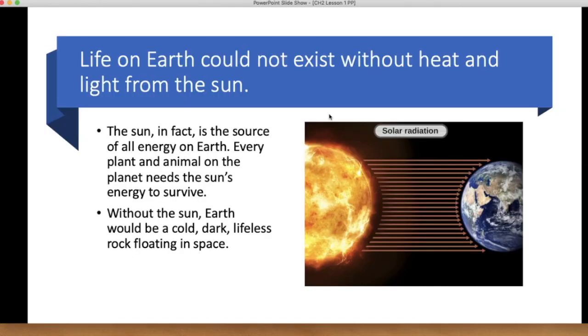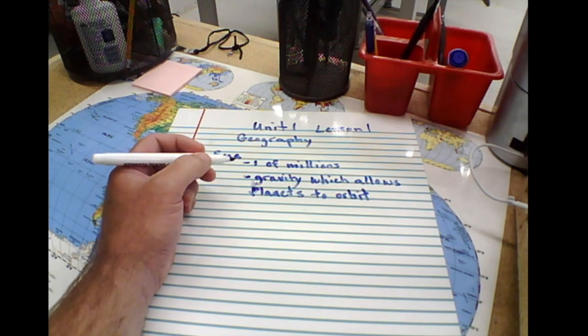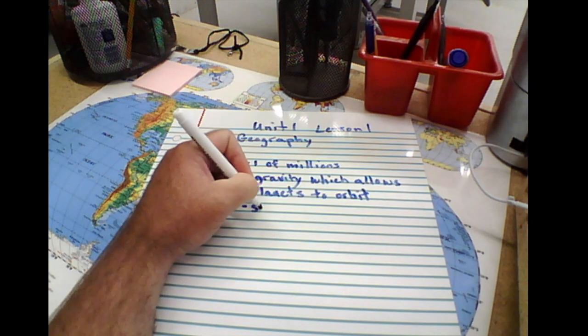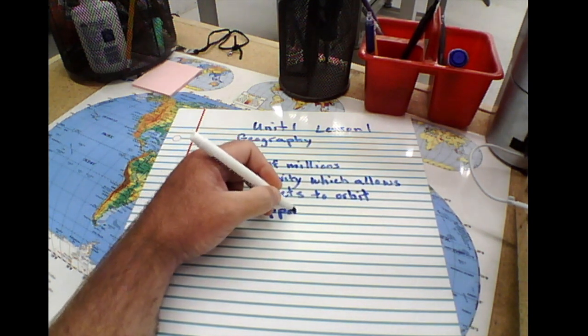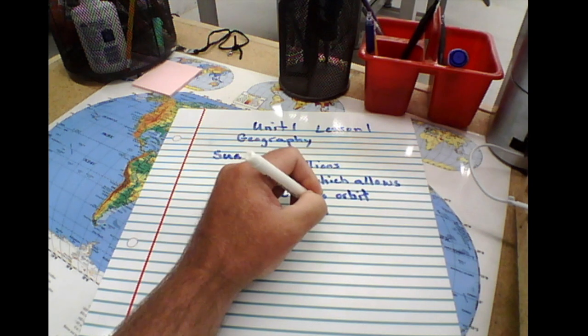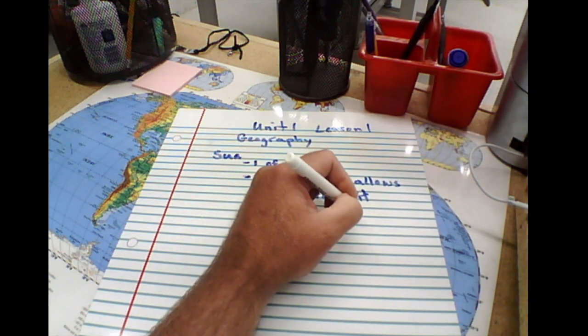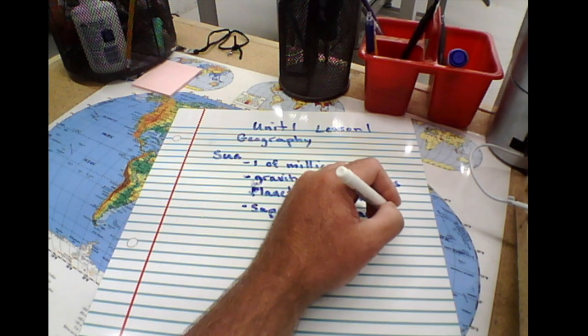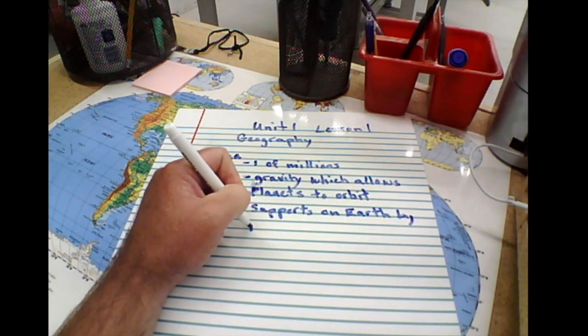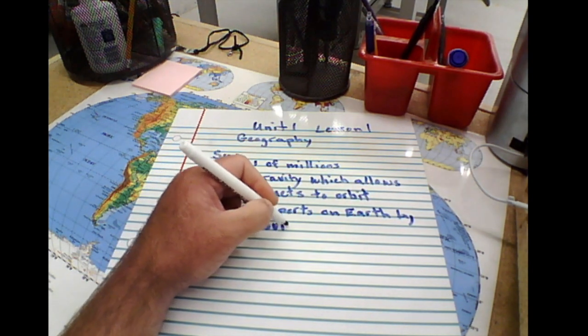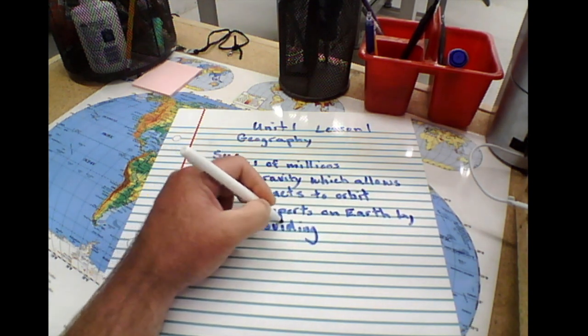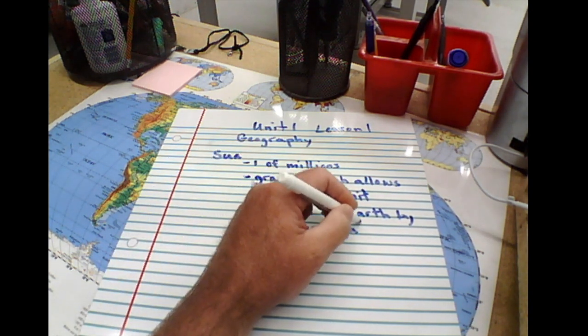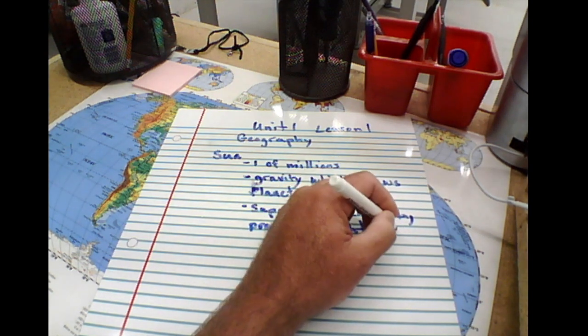Life on Earth could not exist without heat and light from the sun. So that's another supporting detail. A couple supporting details there. So, supports life on Earth by providing light and heat.